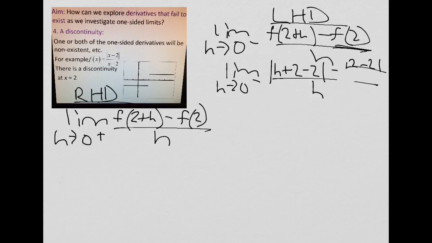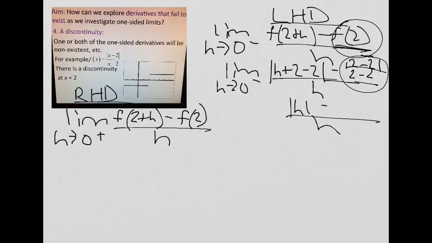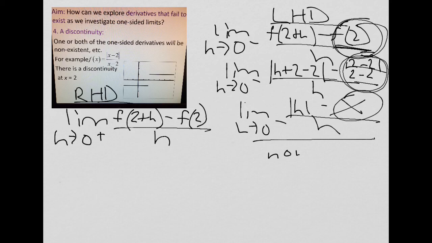The absolute value of 0 is fine, but the division by 0 is not fine. We can't actually finish this. So even though we end up with this part being okay, we don't actually have an answer here. So it's non-existent. This is undefined. It's not defined when x is 2. So this limit is non-existent.